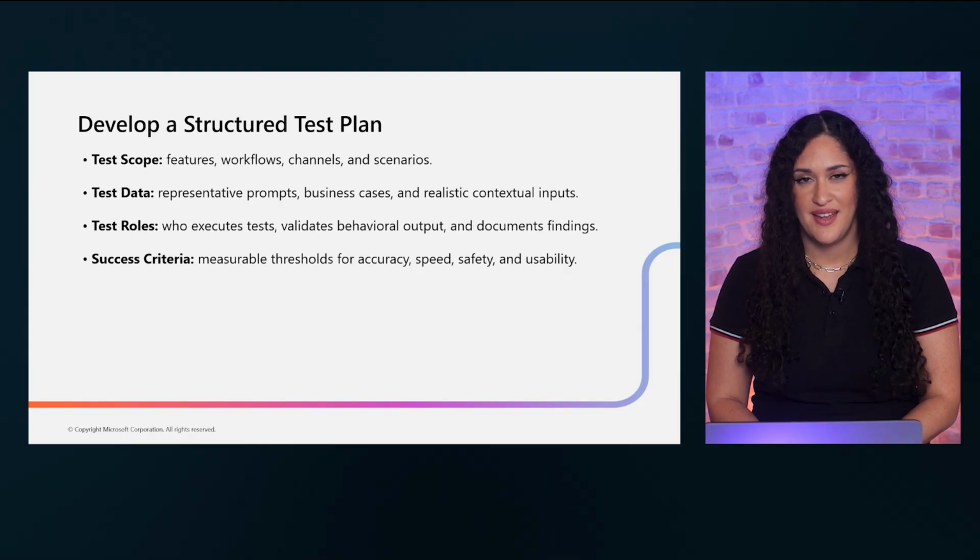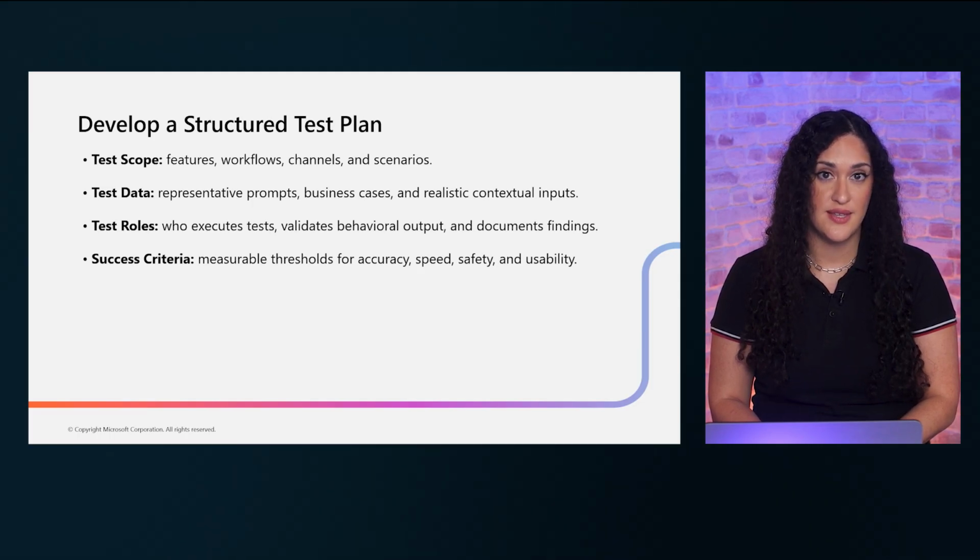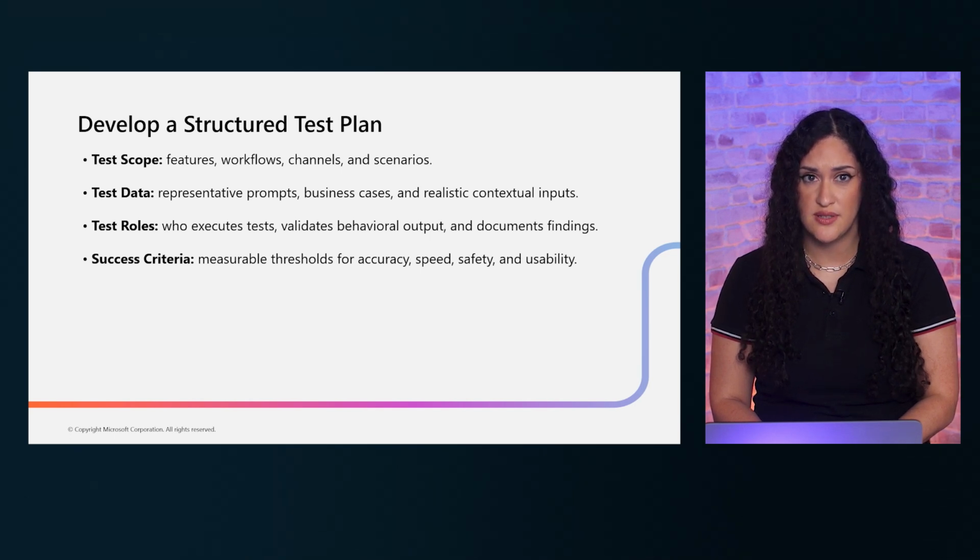A solid test plan is your roadmap. It answers 4 critical questions. First, test scope. What features, workflows, channels, and scenarios are you covering? Second, test data. Are you using representative prompts, real business cases, and realistic contextual inputs? Third, test roles.